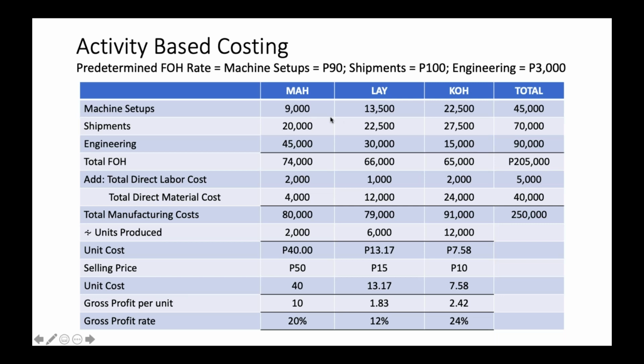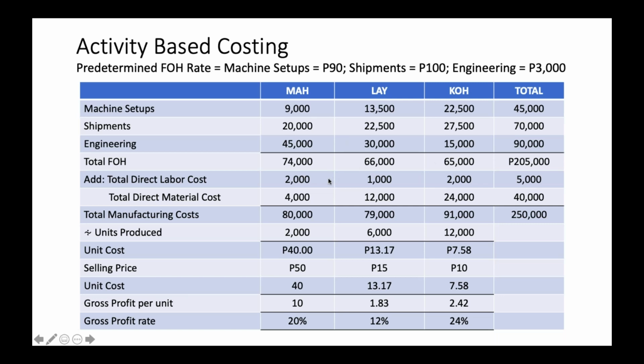So if you get the total of all these factory overhead costs, we will arrive at the same total of 205,000 vertically and horizontally. 74, 66, and 65.